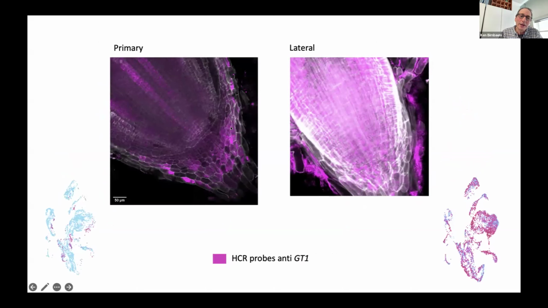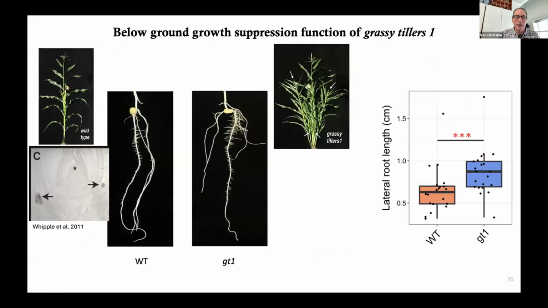And so here you see, in the cell types that are maturing more quickly, very interestingly, it's expressed in the primary. In the lateral here, you see it spread through many, many cell types. And so this leads to the conjecture that perhaps what Grassy Tillers is doing, which it does in the shoot, is to make the cells more mature, maybe prevent as much division from happening.